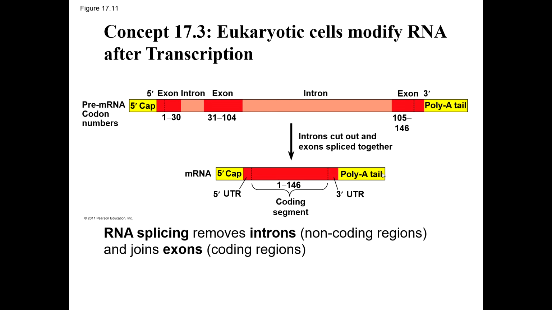So we're on page 106 of the course outline and looking at how these modifications take place. Now on the 5' end, there is a cap added, which is a guanine nucleotide. And again, not sure exactly, but perhaps these final modifications are helping it to stay together when it gets out into the cytoplasm. RNA splicing then removes introns, the non-coding regions, and joins exons, the coding regions.